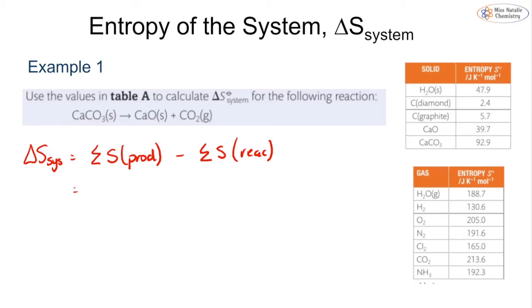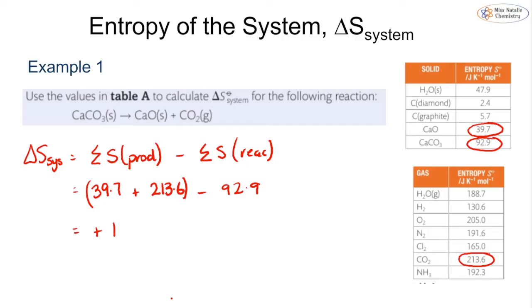For our products, we're going to be using the calcium oxide and the carbon dioxide. So we're going to have 39.7 plus 213.6, and then we're going to subtract our calcium carbonate, which is 92.9, and we get an answer of plus 160.4, and then our units are joules per Kelvin per mole.